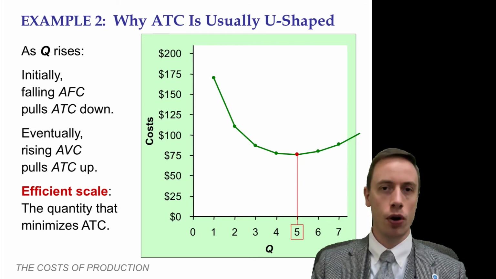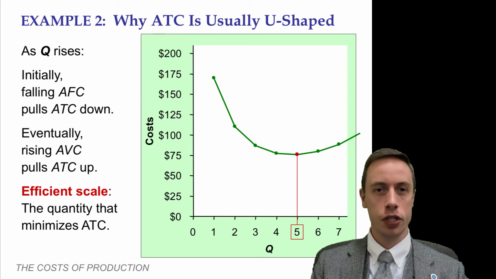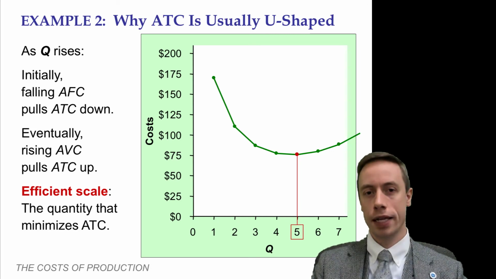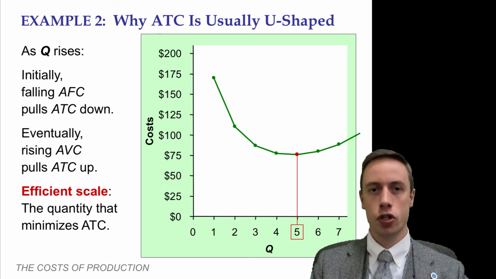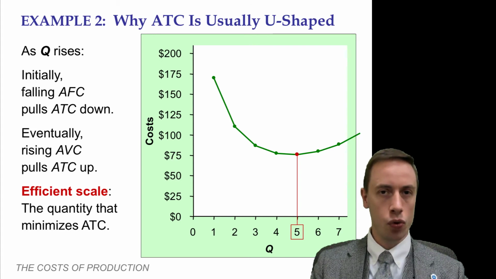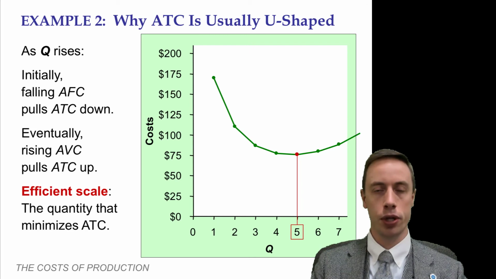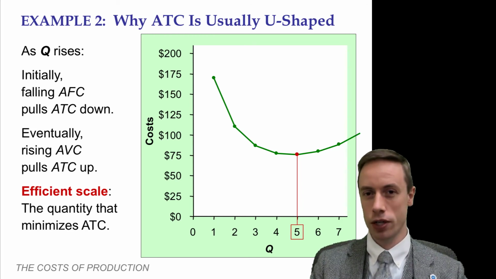In economics, we call that the efficient scale of your business. While we will learn in the next lecture that it's not always the best move to operate your business efficiently, meaning at the efficient scale of production, quite often it is. So keep an eye on that efficient scale, 5 units.